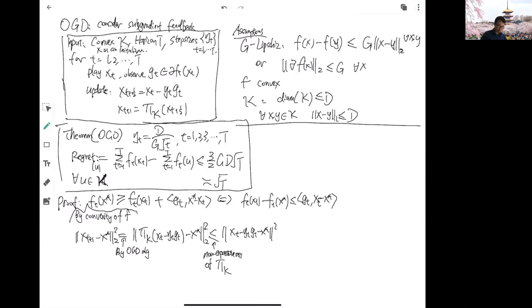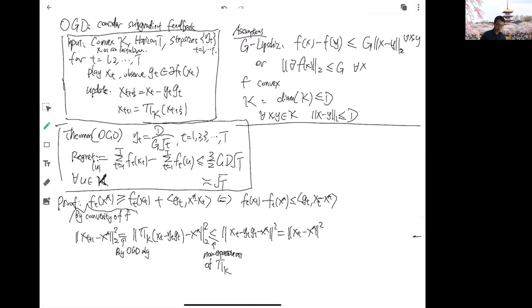Okay, so let's now expand this square term into the quadratic terms, and then the cross terms. First of all, at the beginning, we said that we want to upper bound this using the previous round's distance between the point x_t and x star.